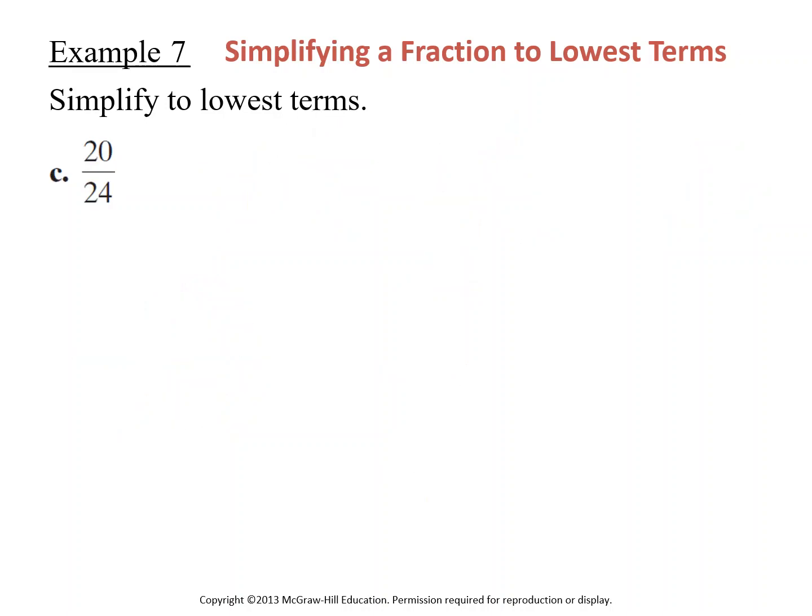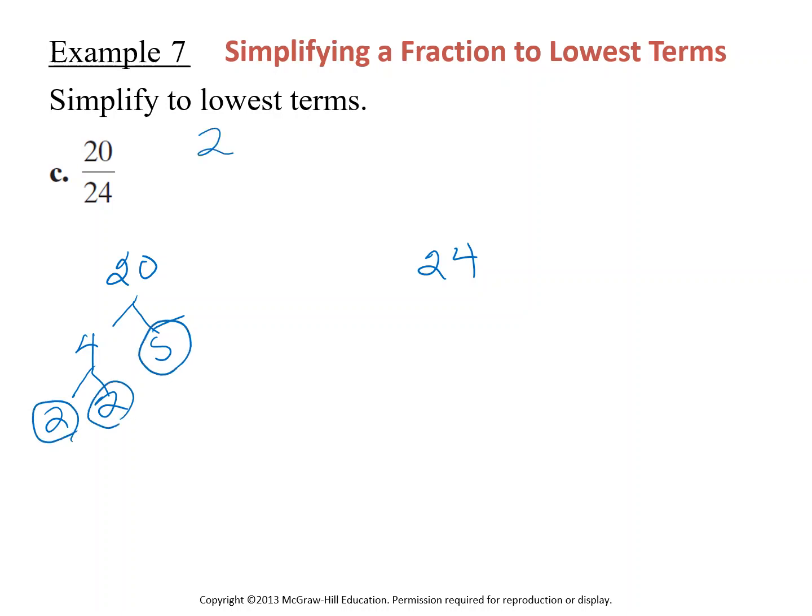So I'm going to use the prime factorization to break down 20 and 24 and then reduce the fraction. So 20 is 4 times 5, 4 is 2 times 2. So 2 times 2 is 4, times 5 is 20. 24 we know is 6 times 4.